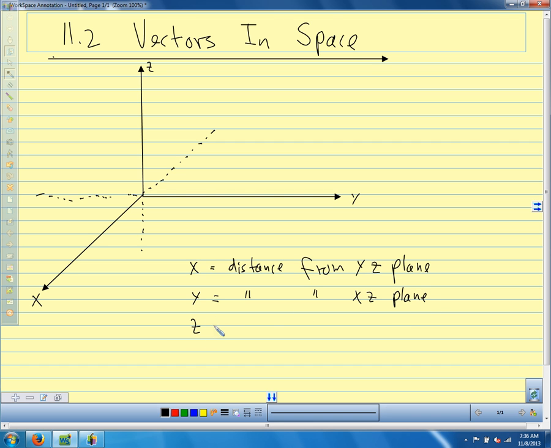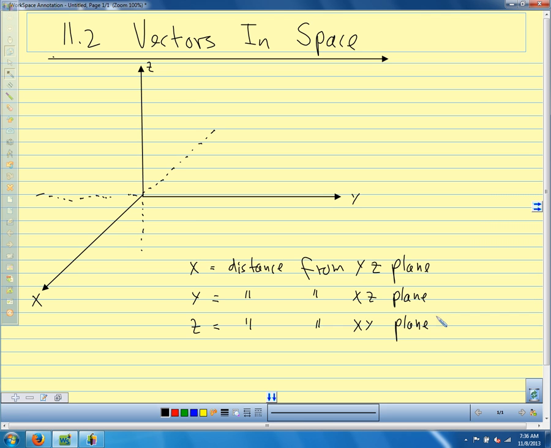And z equals the distance from the xy plane. So we'll refer to our distances from our planes this way, and that'll come up fairly regularly as well. So any questions about how we're constructing our space?